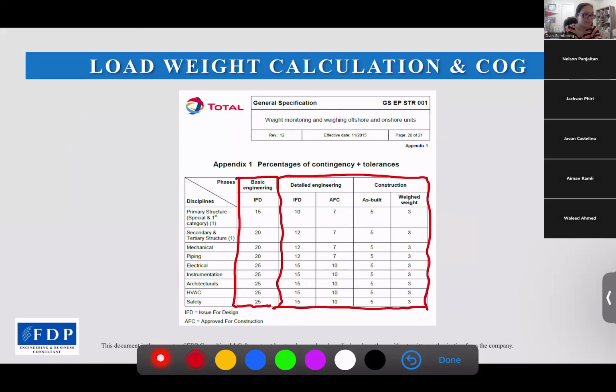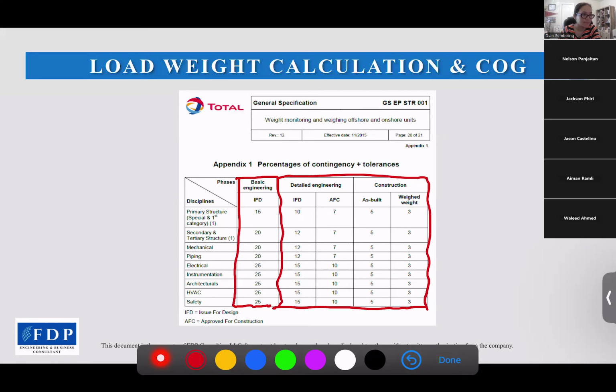But if we refer to drawings as per the detail engineering or the construction, we will use a smaller weight contingency, because there is a small possibility that the design will change much.